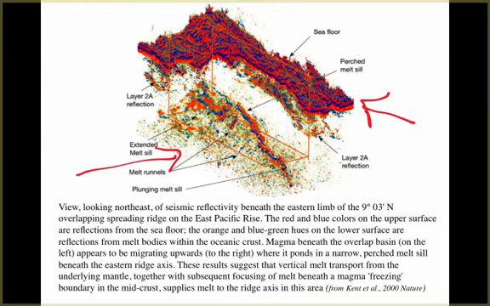The magma beneath the overlap basin on the left appears to be migrating upwards to the right, where it ponds in a narrow perched sill beneath the eastern ridge axis. These results suggested that the vertical melt transport from the underlying mantle, together with the subsequent focusing of melt beneath a freezing boundary in the mid-crust, supplies melt to the ridge axis in this area at least.